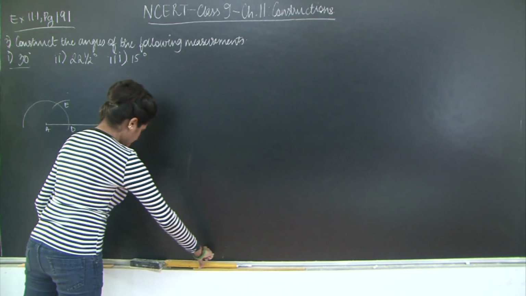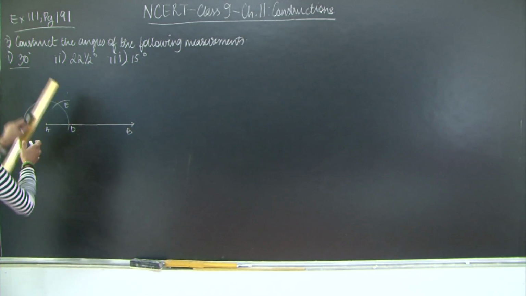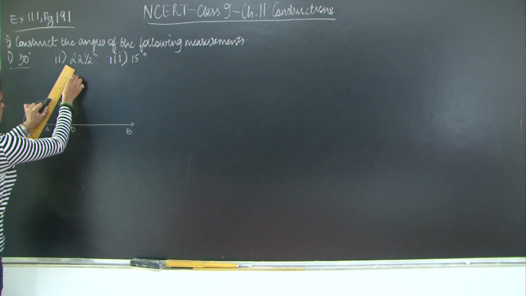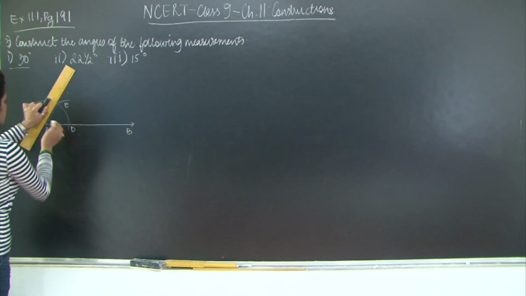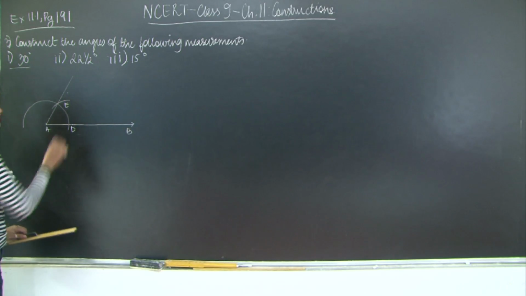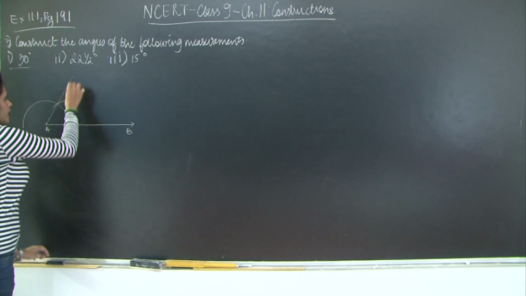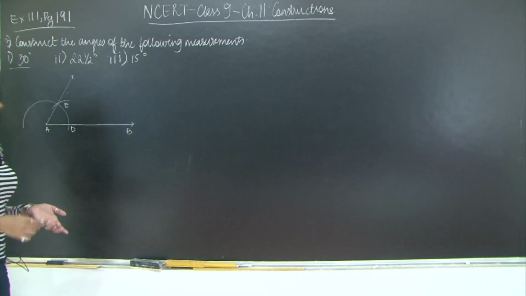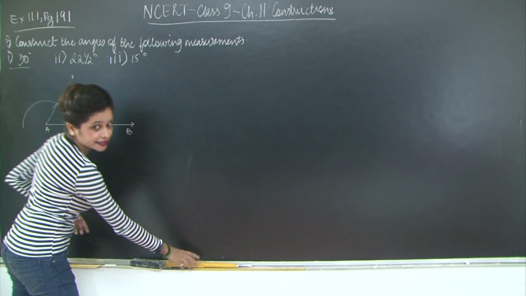We have learned earlier in question number 1 of this exercise that this angle EAB so formed is 60 degrees. So this angle is 60 degrees, right? Now if I bisect this angle EAB, I will get each angle as 30 degrees.